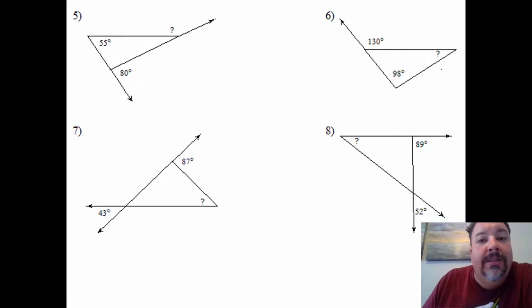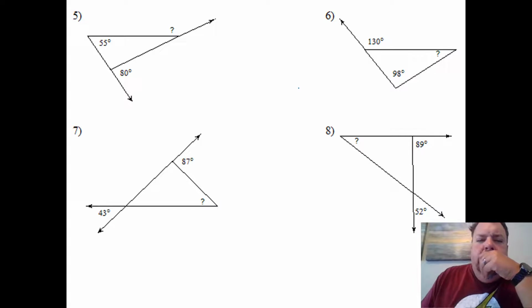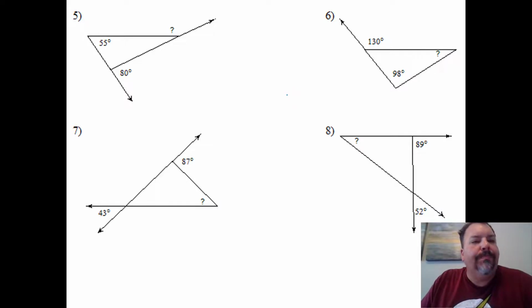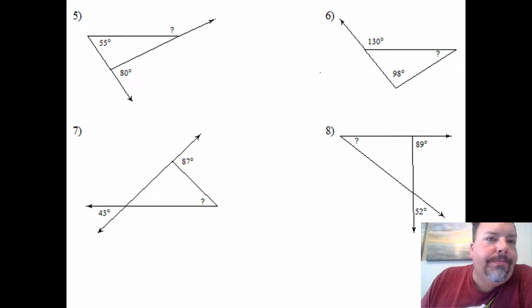So let me go through a couple of examples. I want to find the missing angle, the question mark here. This is on the top. If I want to find this angle here, that means I probably have to find this angle inside the triangle first.